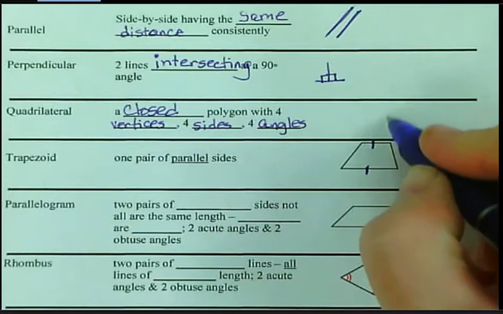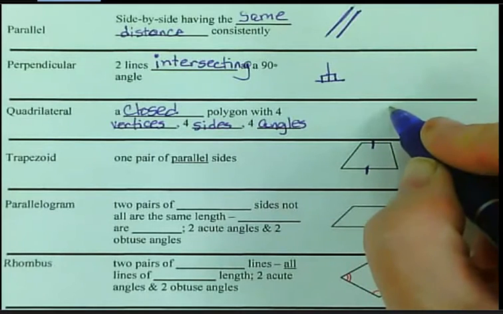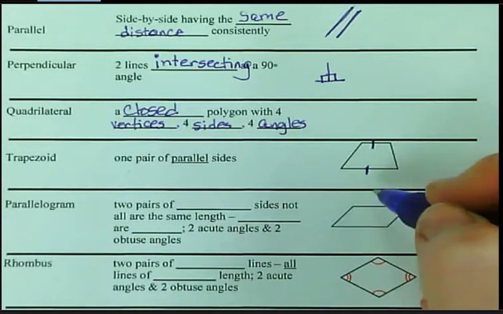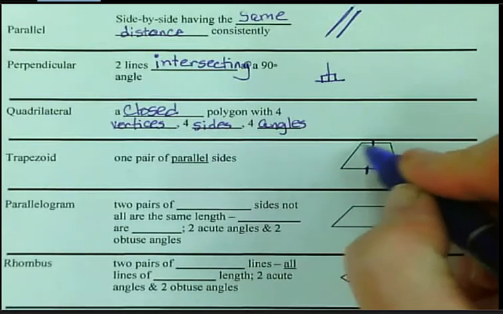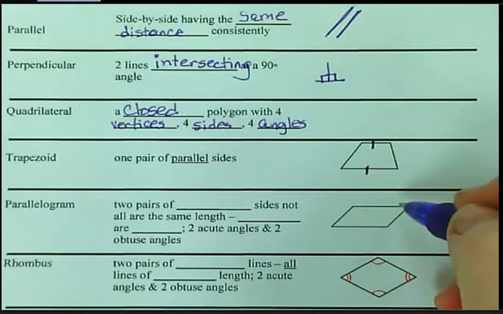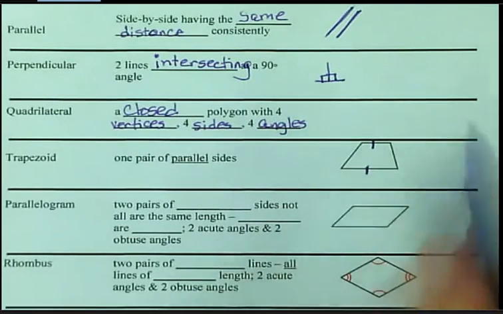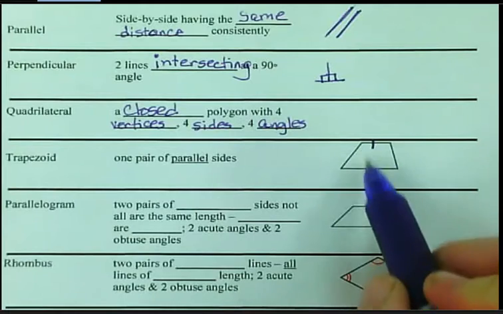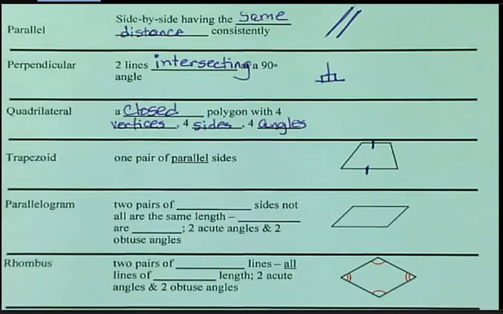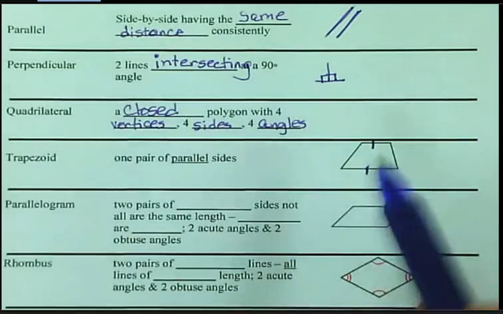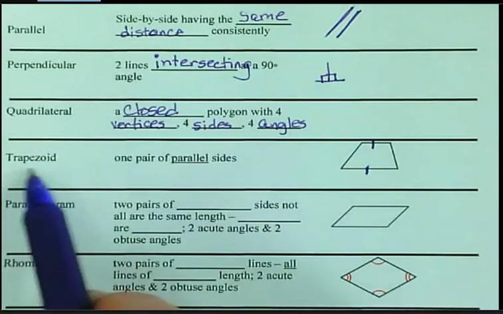So if this line kept going and this one kept going, they'd end up crossing over up here. But these two lines right here are never going to touch each other. They are parallel. So because I have one set of parallel lines and the other two are whatever, then hey, this is called a trapezoid.